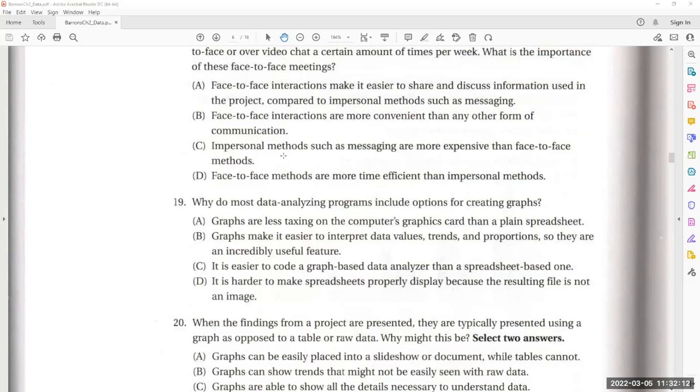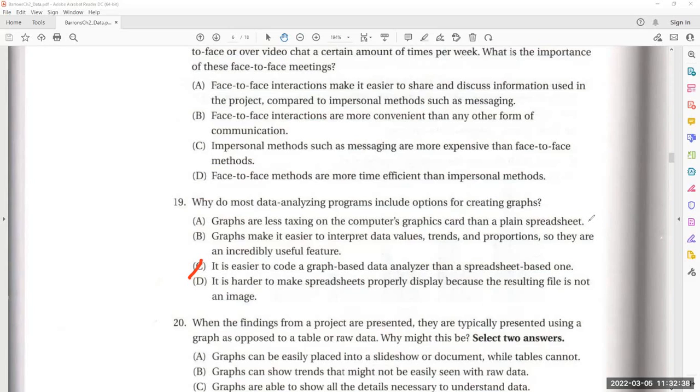Why does a data analyzing tool have the option of creating a graph? Because we want to have the data visualization, right? So it's easier to code the graphic based data analyzer. No, coding graphics is actually harder.